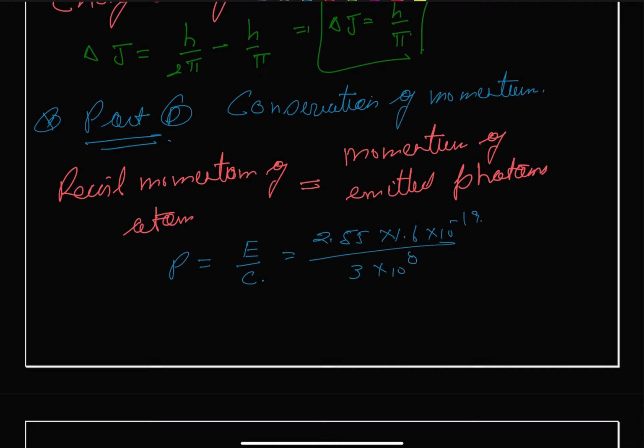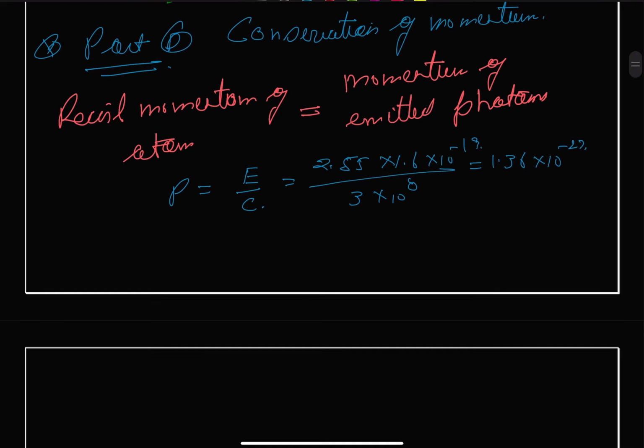So this gives us that the momentum is 1.36 into 10 to the power minus 27. We are supposed to find out a velocity, which we can do easily.